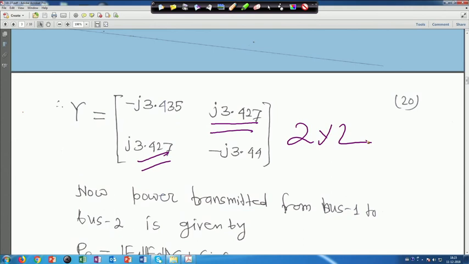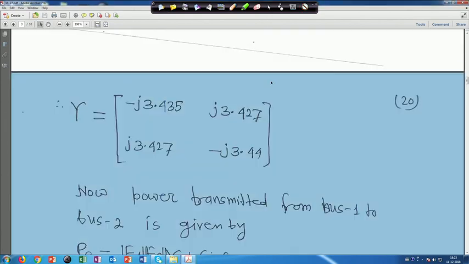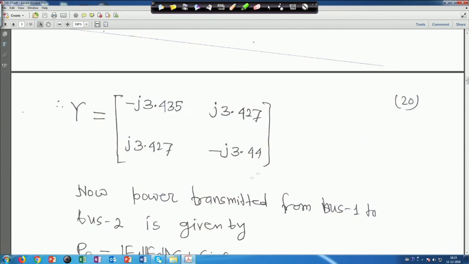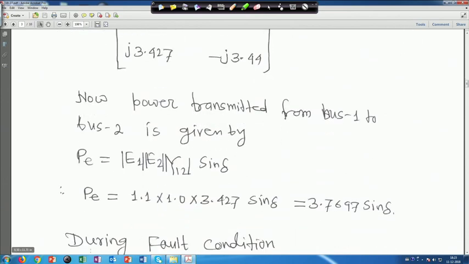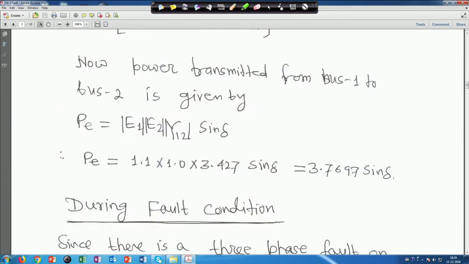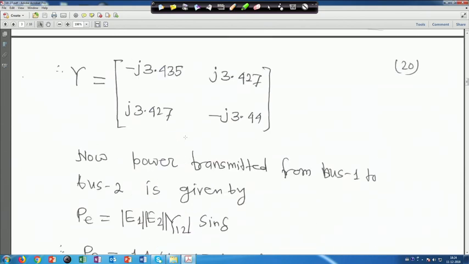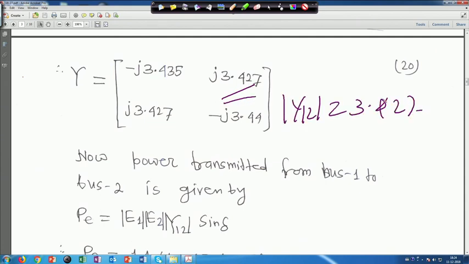Now, power transmitted from bus 1 to bus 2. We know this equation from bus 1 to bus 2 after reduction, that P is equal to mod E1, mod E2, mod capital Y12, sin delta. E1 and E2 values are given initially, and the magnitude of Y12 is equal to 3.427, right.